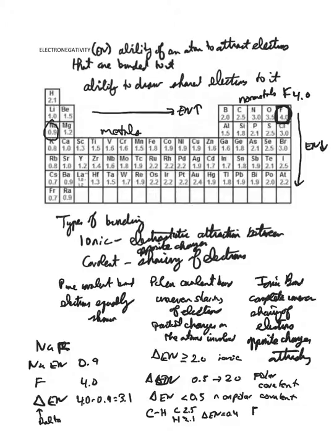Whereas if we look at something like diatomic molecular fluorine, both of those atoms have electronegativities of 4.0. And so you subtract 4.0 from 4.0, you get 0. So it's a completely even sharing of electrons in a molecule like diatomic molecular fluorine.